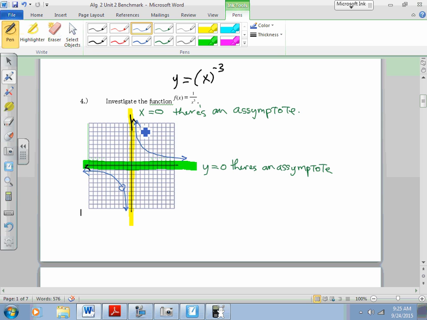There are going to be times where there are points of discontinuity, and points of discontinuity are when there are breaks in the graph. This one doesn't have that. But when there are points in the graph that are not part of the graph, those will be open circles. They'll be breaks. So I just wanted to point that out. This graph, though, does not have any points of discontinuity.